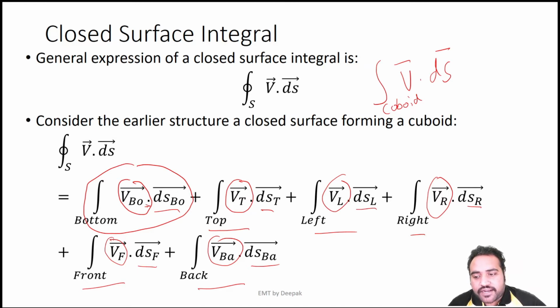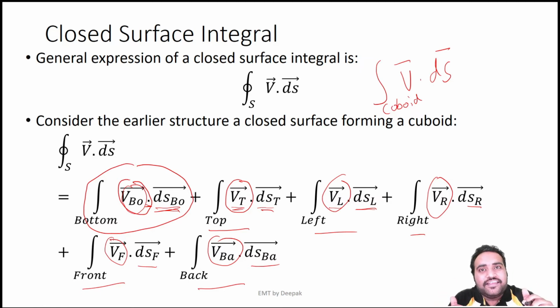Using the dot product, we are finding the component of this vector along this. We are finding the component of this vector along this. We are finding the component of this vector along this. And all of them are pointing away from the volume.